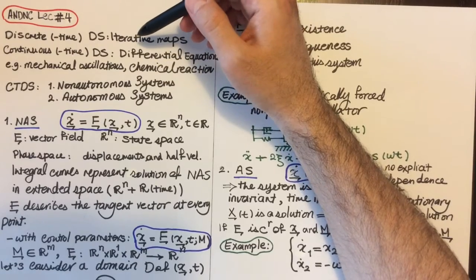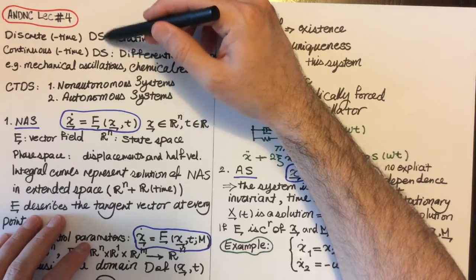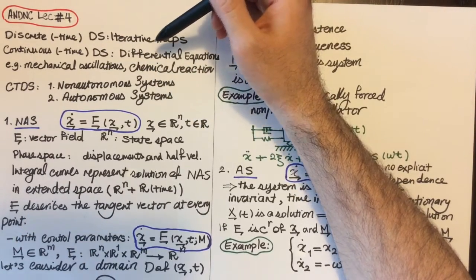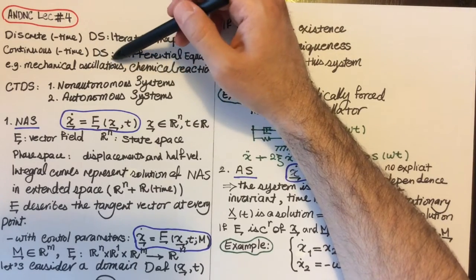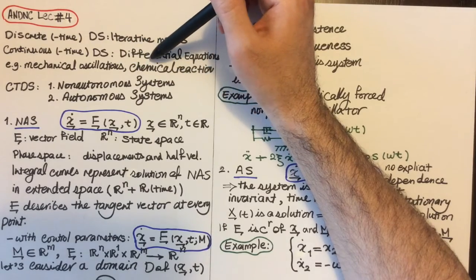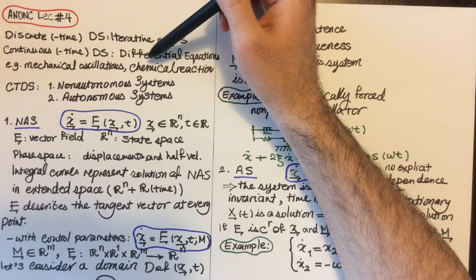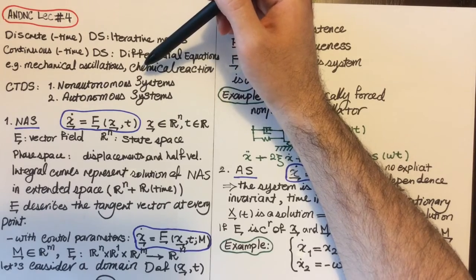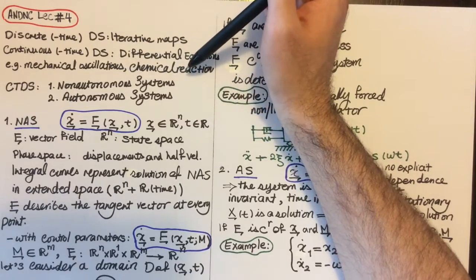Now we're going to talk about the basics of continuous time dynamical systems. DS stands for dynamical systems. That is differential equations. So we use differential equations to describe systems where the state of the system continuously varies with time, like mechanical oscillations and chemical reactions.